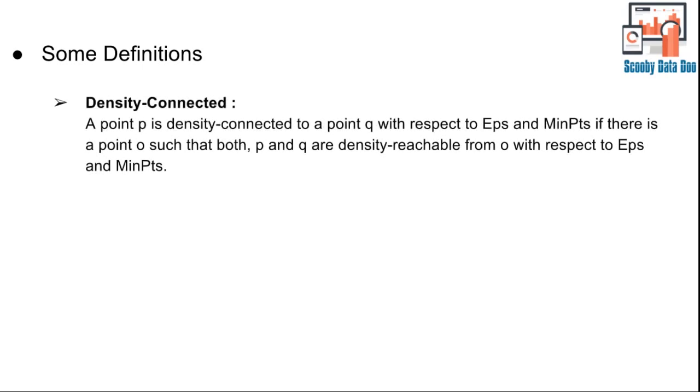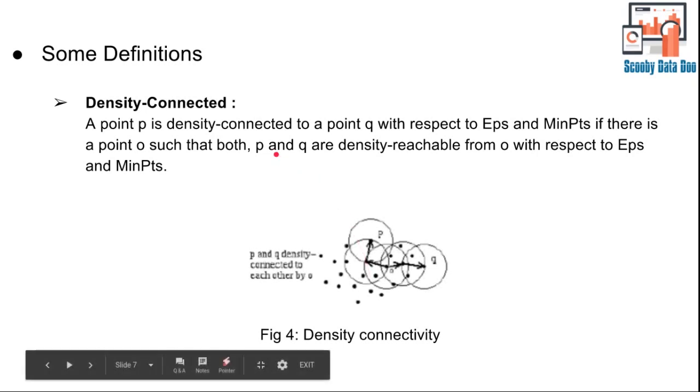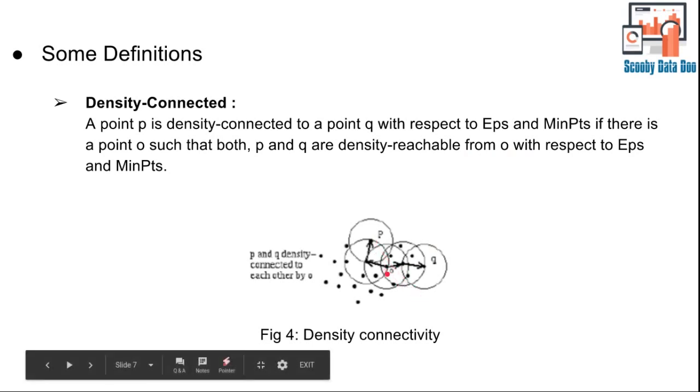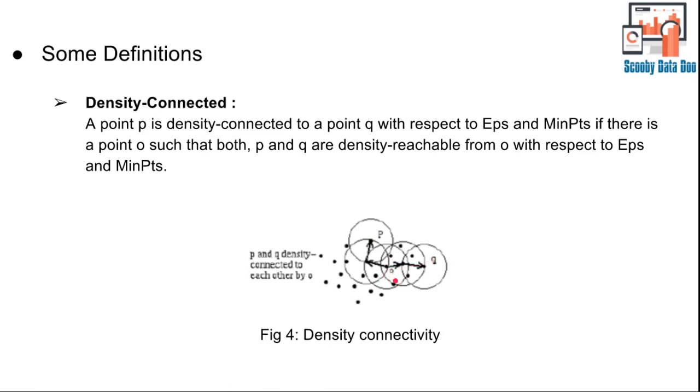All right, moving to the next one. Density connected. A point P is density connected to a point Q with respect to EPS and min PTS if there is a point O such that both P and Q are density reachable from O. So there is a point in the middle. P is density reachable from O and Q is also density reachable from O. When such a condition arises, we can say, all right, P and Q are density connected.